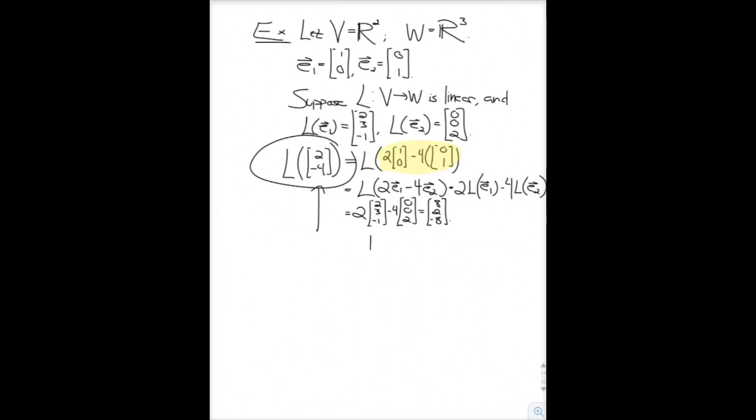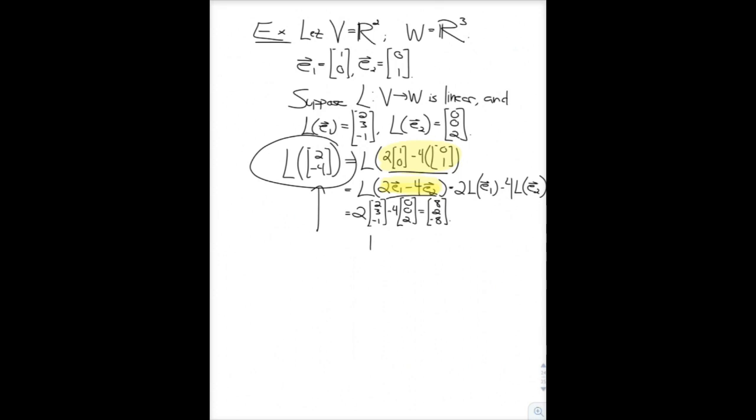And the linear combination is pretty easy to figure out precisely because this is the natural basis. It's just 2E1 minus 4E2, which is what I've written down here. So to summarize, I've taken (2, -4), I've written it as a linear combination of the natural basis vectors, which is right here and right here.